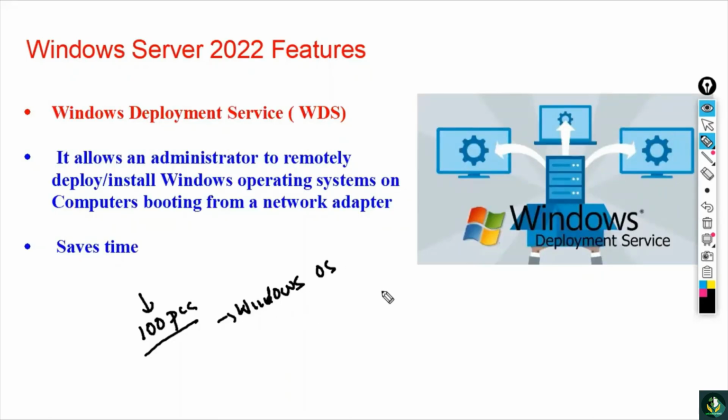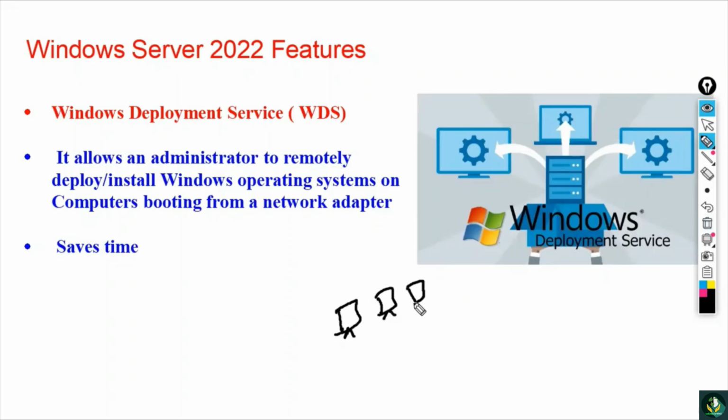Let us say one PC takes 30 minutes. So each computer will take 30 minutes, and around 3000 minutes you have to spend installing the operating system on all the computers. So what this WDS will do, this is a WDS server.